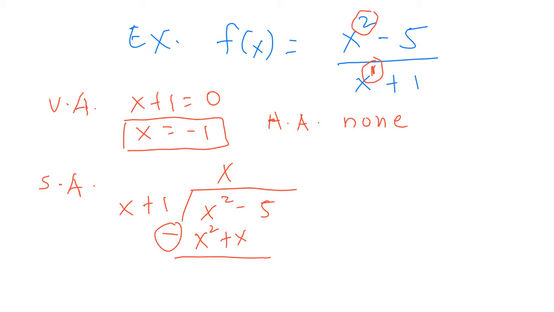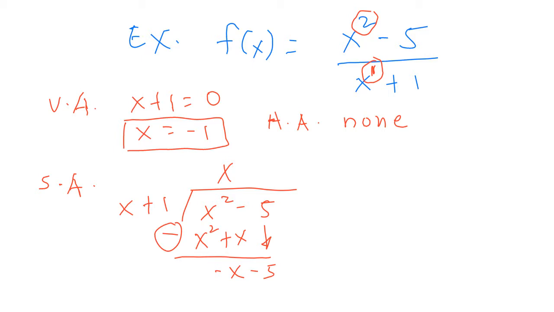Subtracting this, the first term would be a 0. And remember, there's no x here, so that's x to the power of 1, the next term, and it's not there. So that would be a 0 there minus x, which should be negative x. We bring down negative 5, and then we do the same process again.